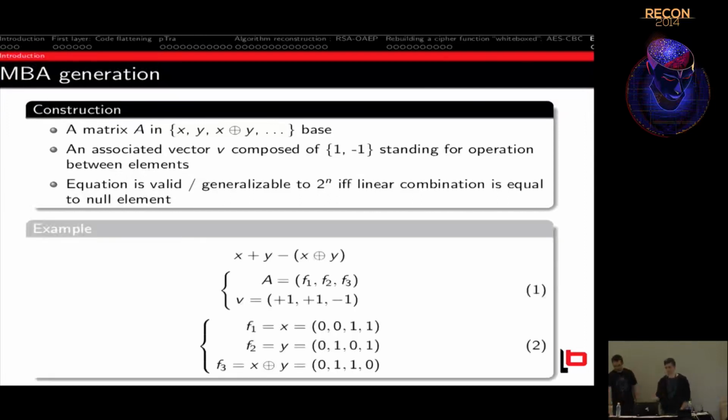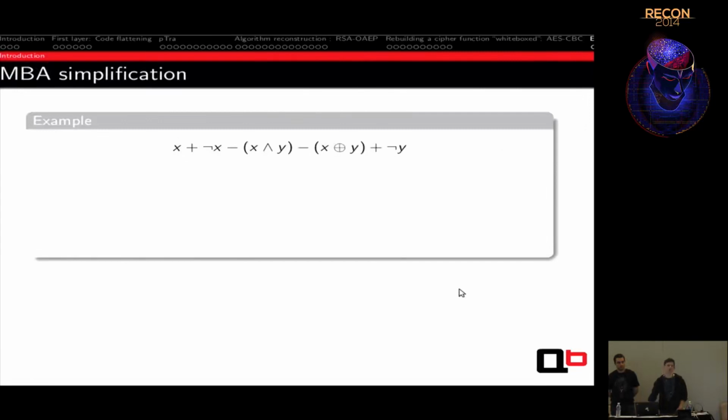So for instance, if I take this expression, the equivalent representation is this one. So with the first column representing x, the second standing for y, and the last one for x XOR y. And we say, okay, this is plus, plus, and minus. This is the v vector. And how does it work in a simplification? Actually, the simplification algorithm and the identity generation are the same.